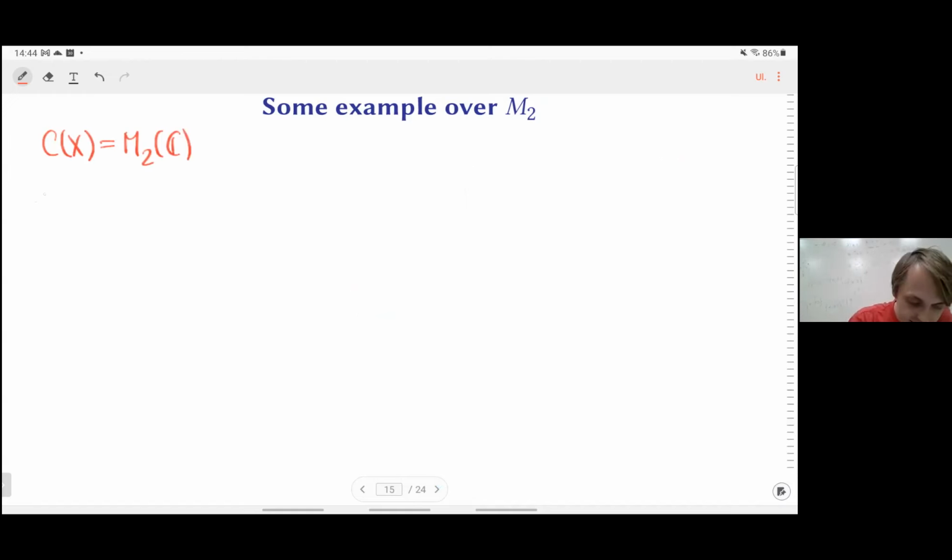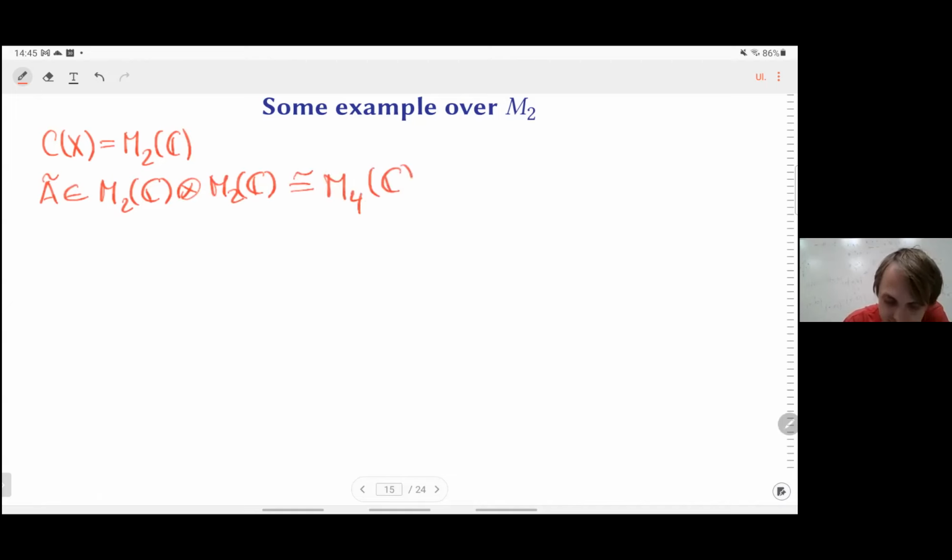And as I said, a quantum graph is just a projection inside the tensor product of those matrix algebras. And now I will not write this op here. I will just use the isomorphism, which will make it slightly simpler. And so this is actually isomorphic to 4 by 4 matrices, right?